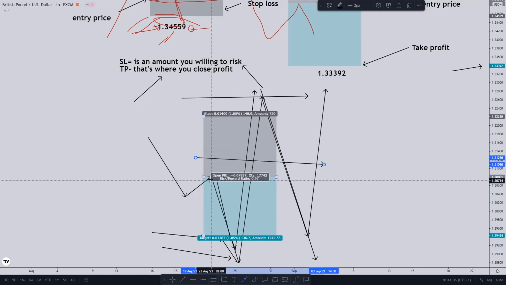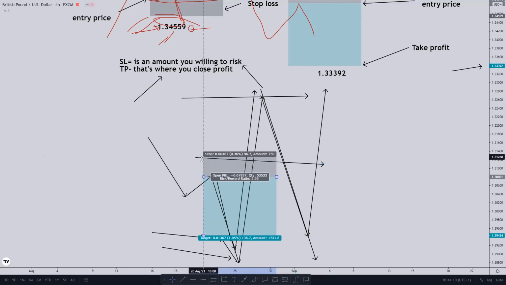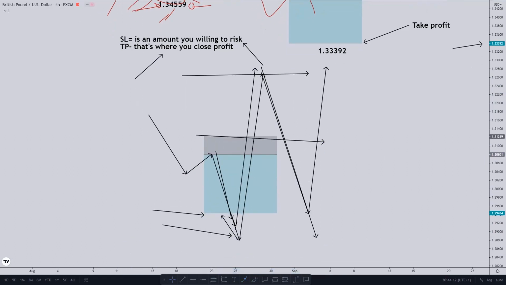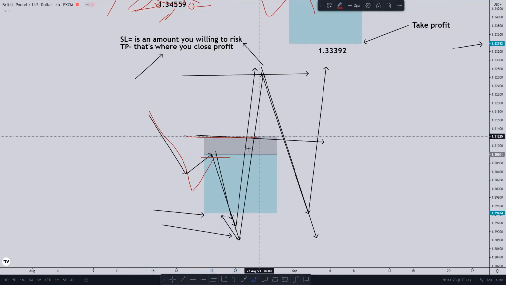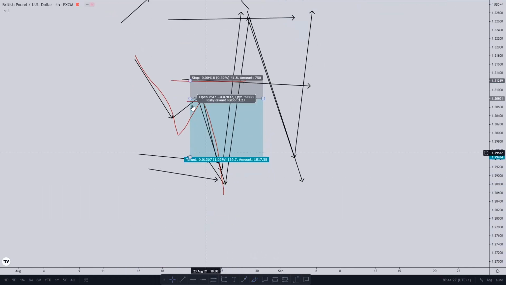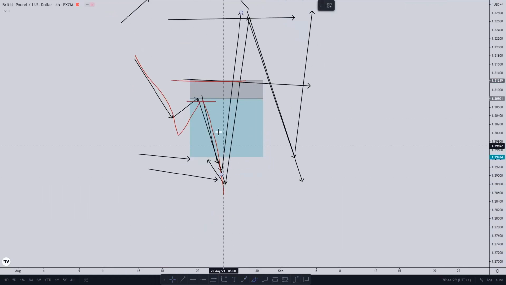So if you didn't have a take profit and you had a stop loss which was here, what the market will do is, let me just use a marker. The market moves down and then moves back up. You enter and you put your stop loss. The market moves down, and then you were not there.